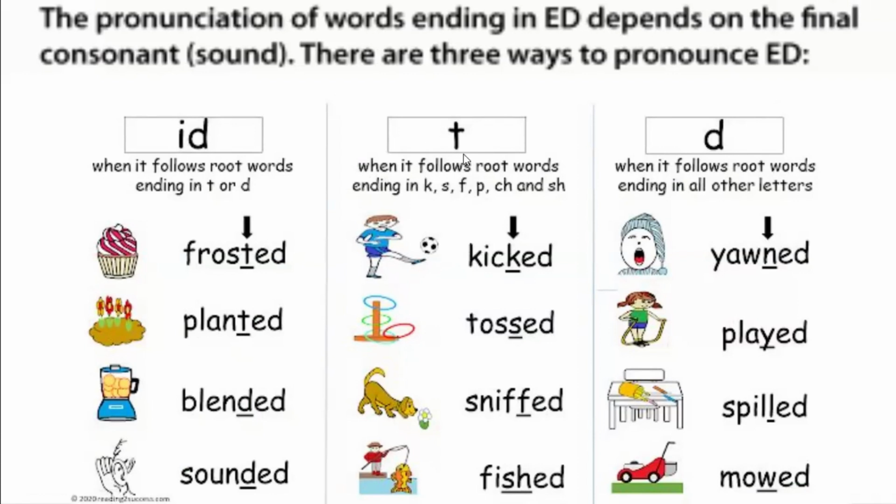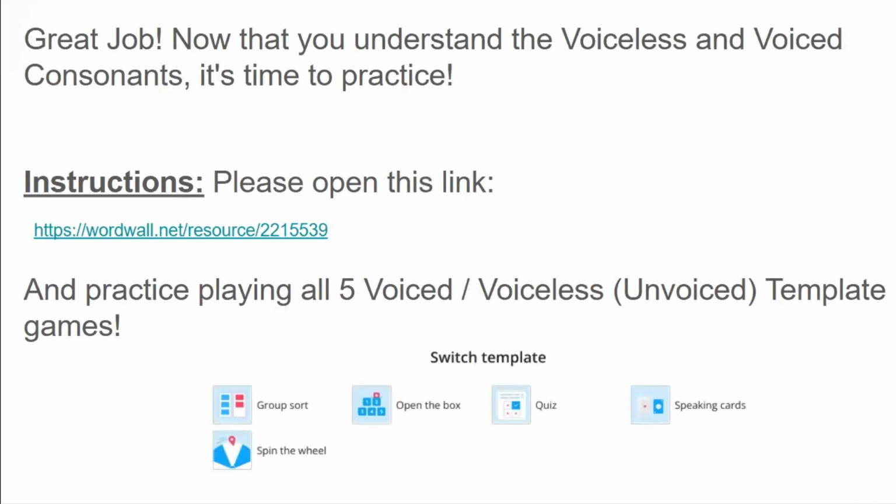Now let's have the consonants where the ed sounds like a T. Kicked, tossed, sniffed, fished. Now let's take a look at the last words. Yawned, played, spilled, moaned. Good job.